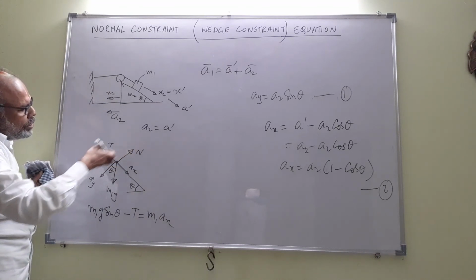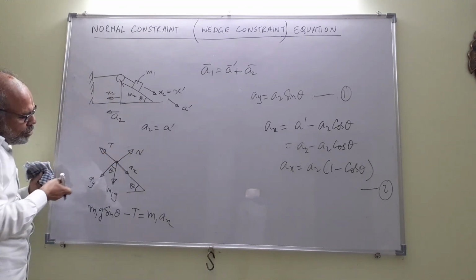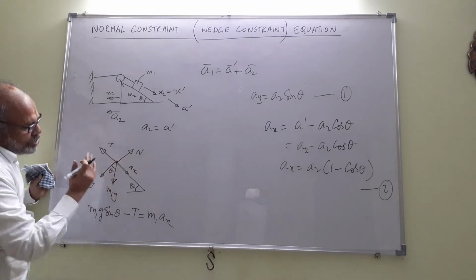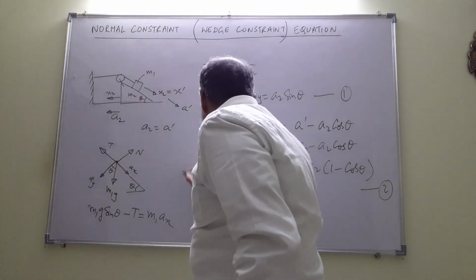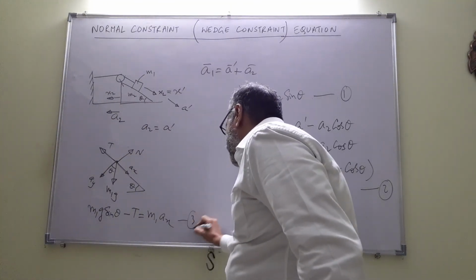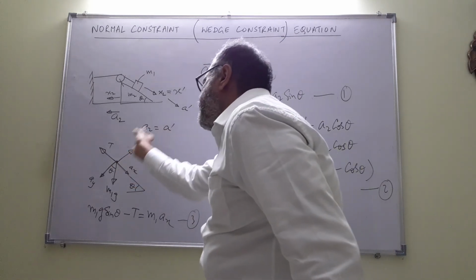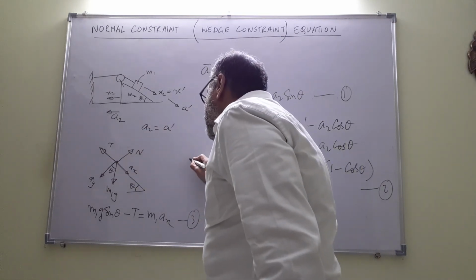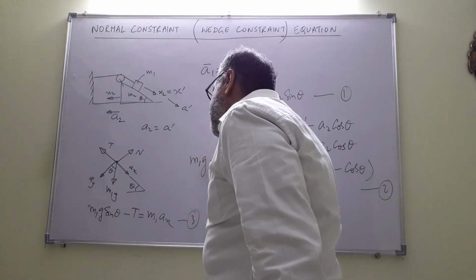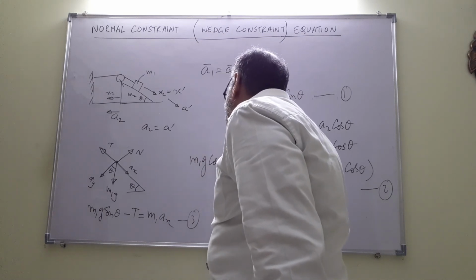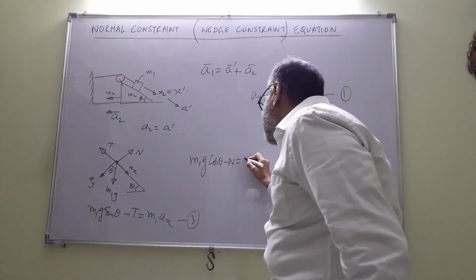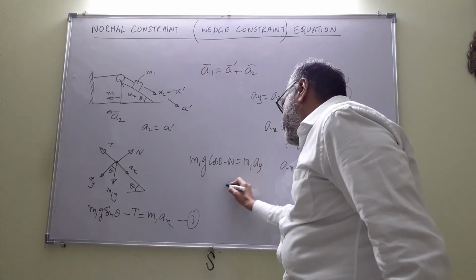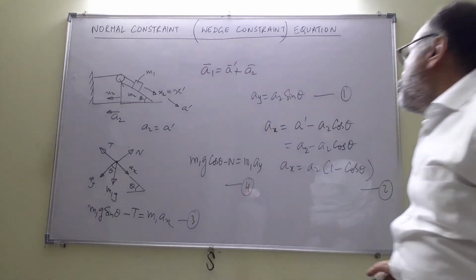Then along the perpendicular, this will be m1g cos theta. So this is the third equation. Along the perpendicular, you will have m1g cos theta minus N is equal to m1 into ay. That will be the fourth equation.